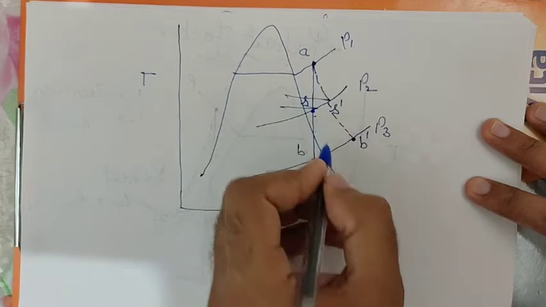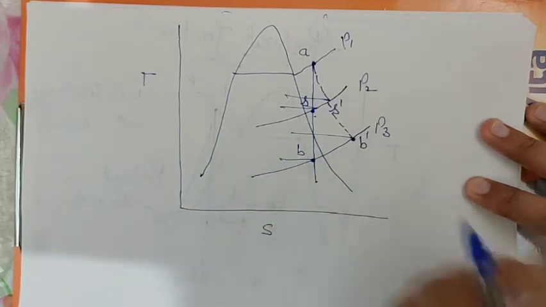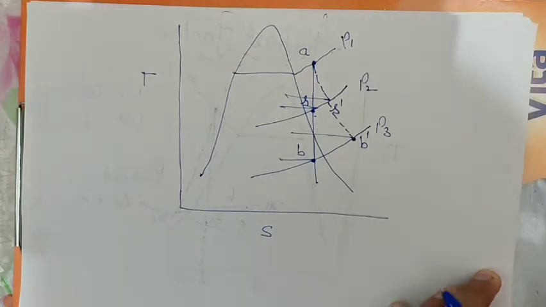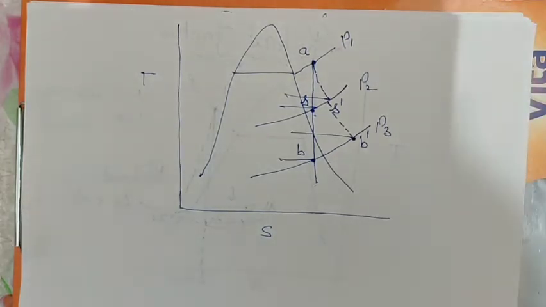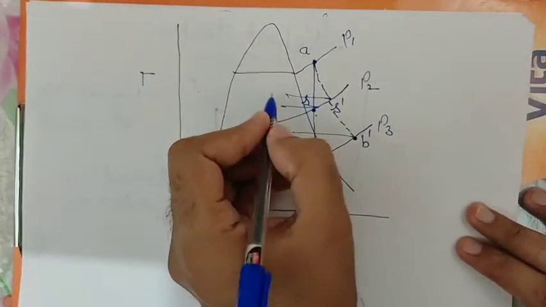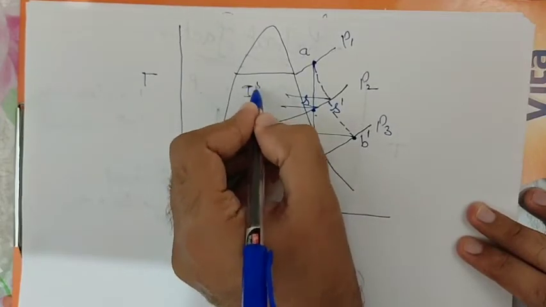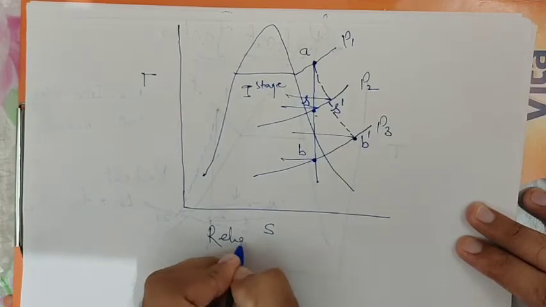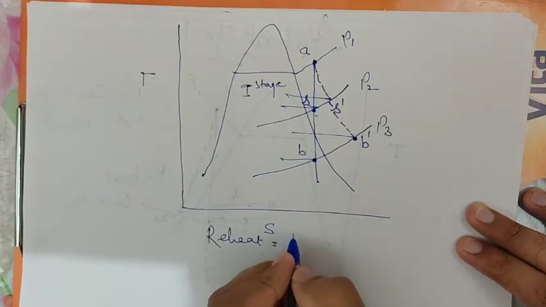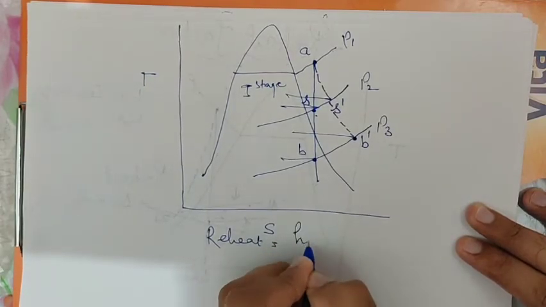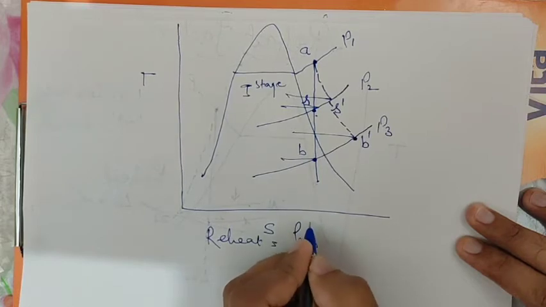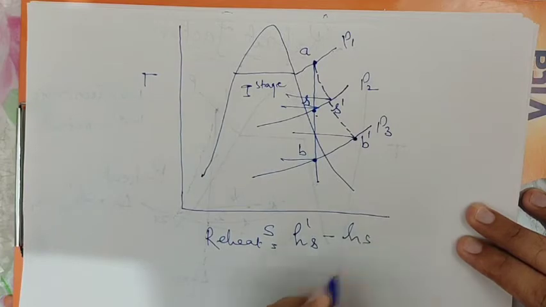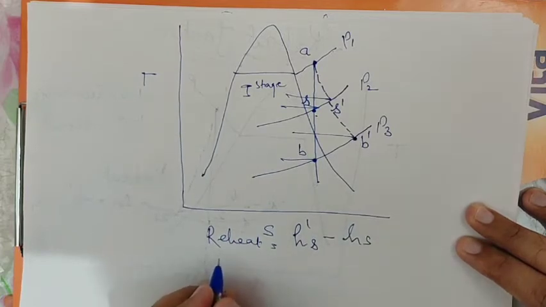This value starts increasing. So it is the first stage. In this, reheat is equal to Hs dash minus Hs in the first stage.